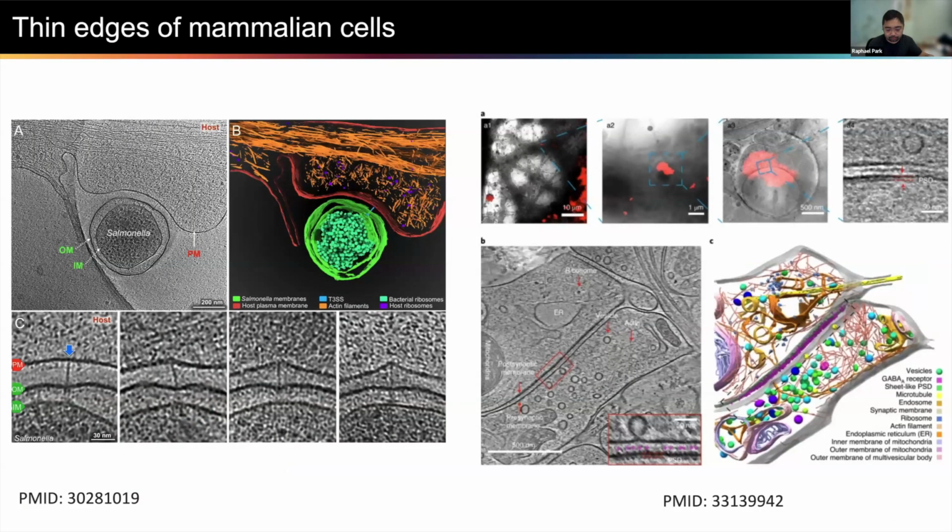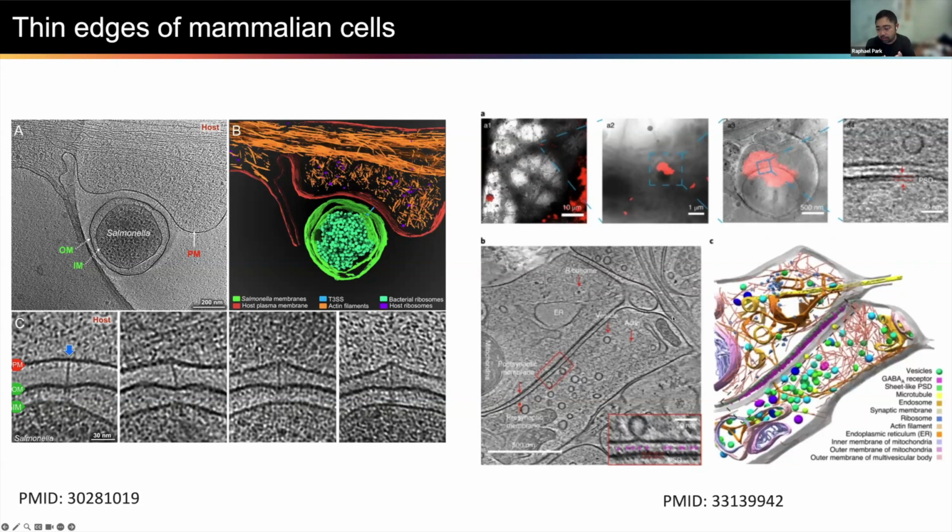And like I mentioned, thin edges of mammalian cells can also be imaged using cryo-ET. One example is how bacteria such as Salmonella interact with the host cell. This is a HeLa cell at the edges using this needle type of apparatus.